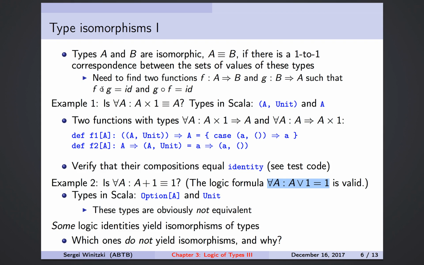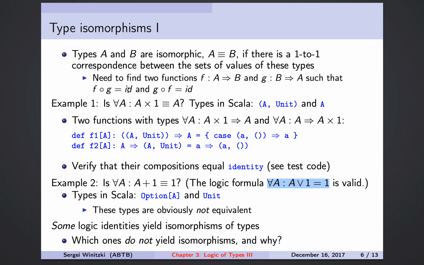These functions lose information, or at least one of them loses information. And so for this reason, the types are not equivalent. Heuristically, types are not equivalent when the functions that you write to map the types into each other lose information. That is the intuition that we are gaining so far.